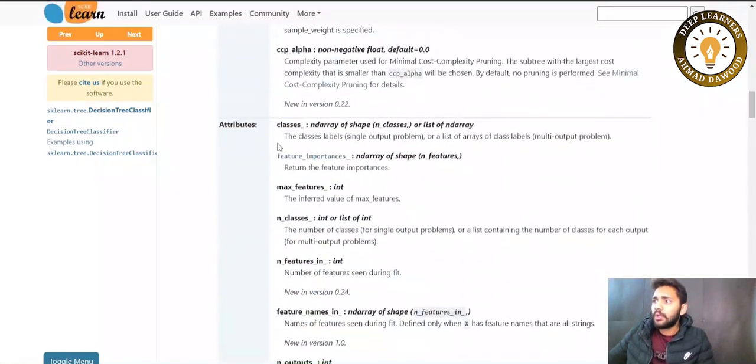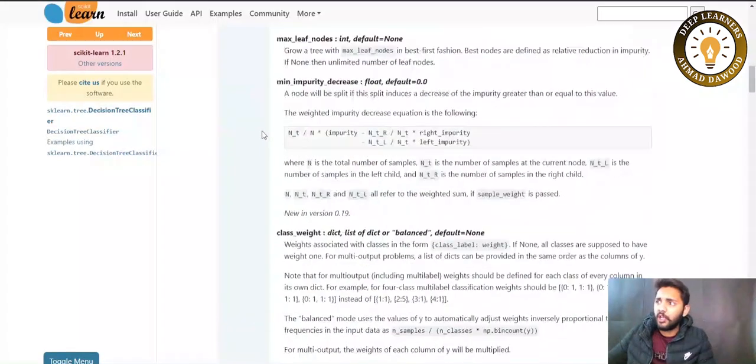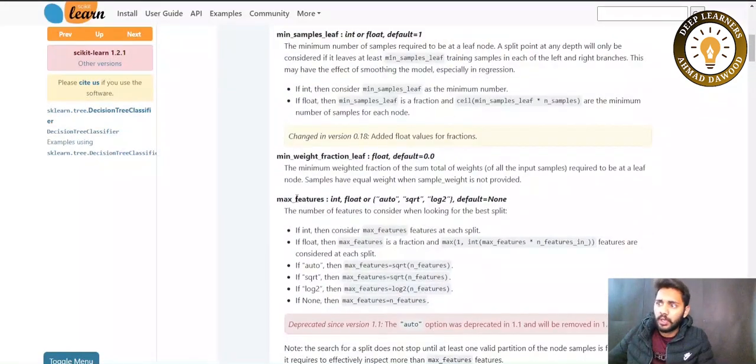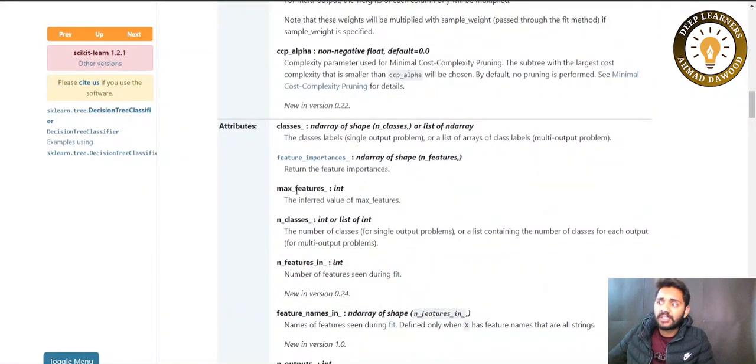Next one, max features. If you have passed some value for the max features parameter, by using square root, log, or some fraction, you can see the max features attribute of the classifier that you have trained, which shows the inferred value of max features during the training process.